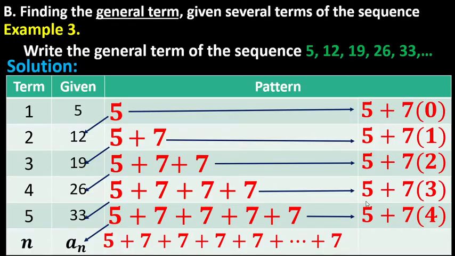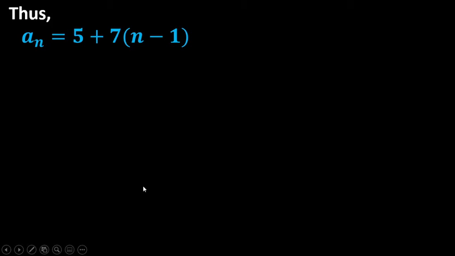So, continuing the process, for you to get a sub n, you will be solving 5 plus 7 times n-1, in which n-1, those are the number of 7s that you will be using to get the general term. Ito na ba yung sagot? Not yet, because we have to simplify it first. Let's simplify.